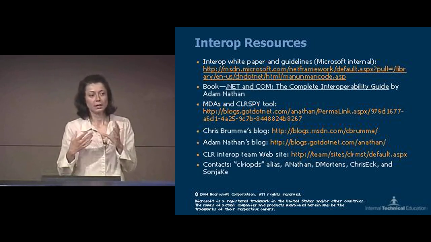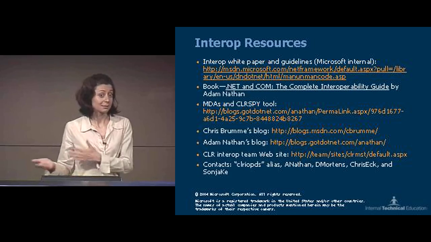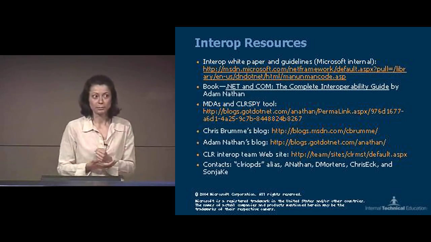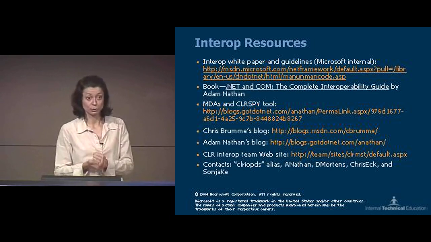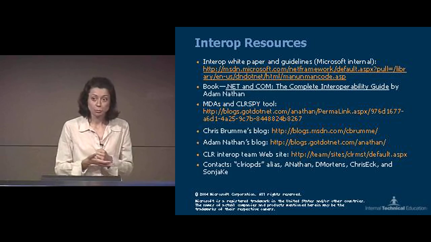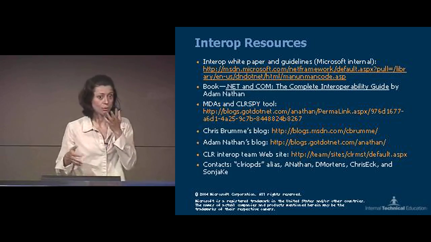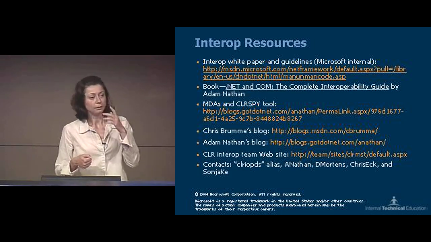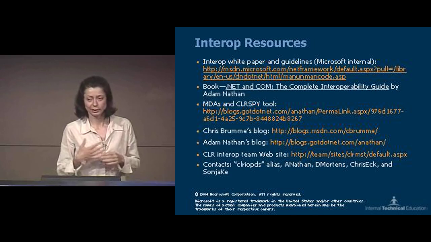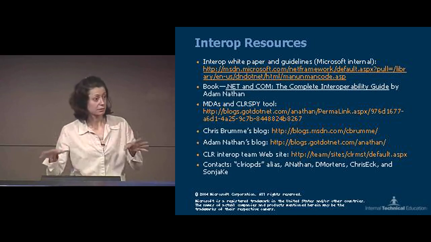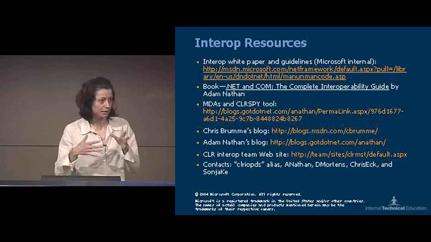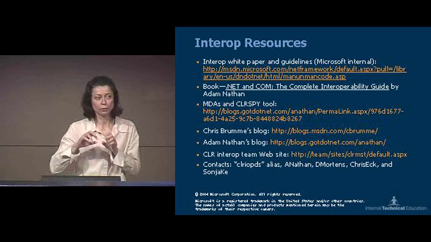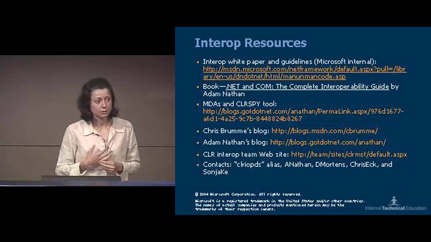For example, a default is CoTaskMemAlloc and CoTaskMemFree, which maybe is not something you would expect. If it's BStrings, for example, we know how to allocate and deallocate those. So you have to think about that if it's at least a little bit complicated managed-native interaction, and if it involves strange memory allocations.